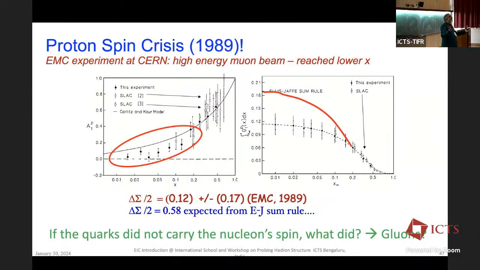It was called the spin crisis by some of these senior physicists and became big news at that time. It was called the crisis for the proton spin structure. So eventually we reduced the uncertainty to a smaller number, so it's not 0, it's about 15%, I'll show you, or 20%. But this was how we saw something new, and now we learned something new about the proton structure. Yeah?